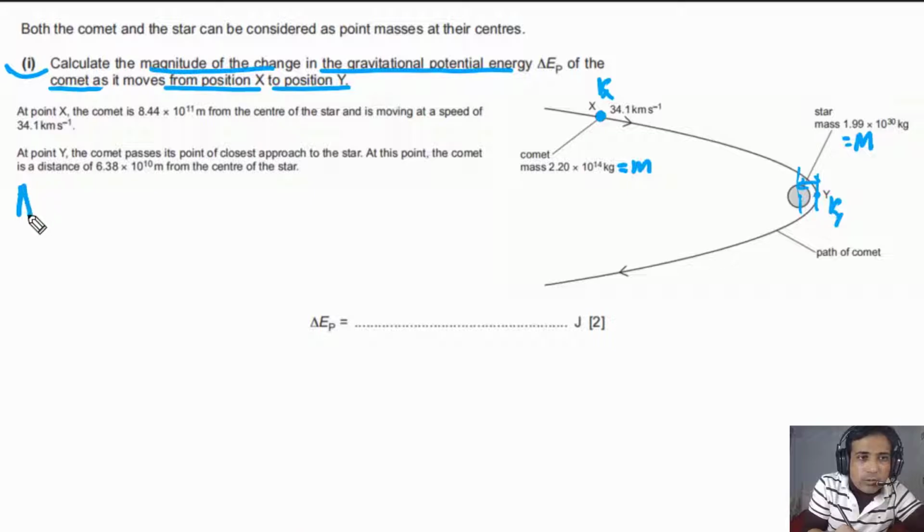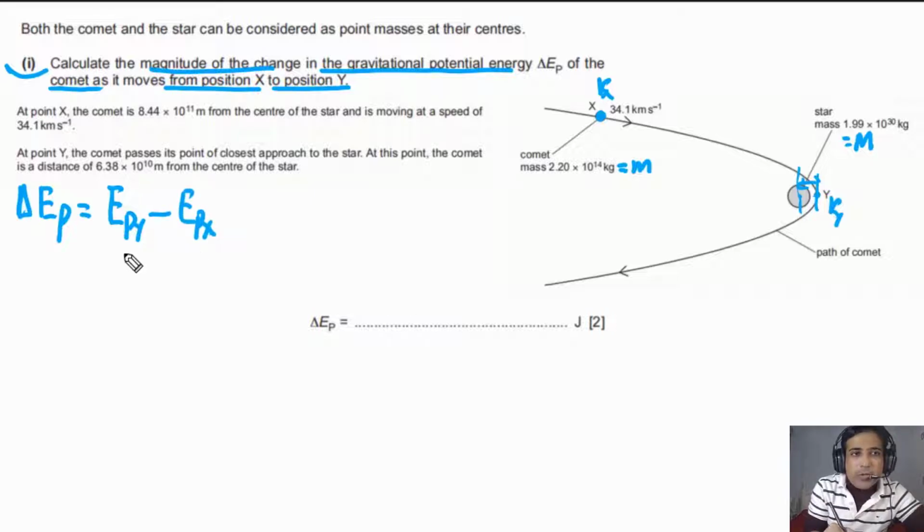First of all, we need to calculate the change in gravitational potential energy. So we will take final gravitational potential energy at point y minus gravitational potential energy at point x. Now we can write this potential energy in terms of potential. So for potential energy, we can write this is potential at point y minus gravitational potential at point x, and we have to multiply this with mass of comet.